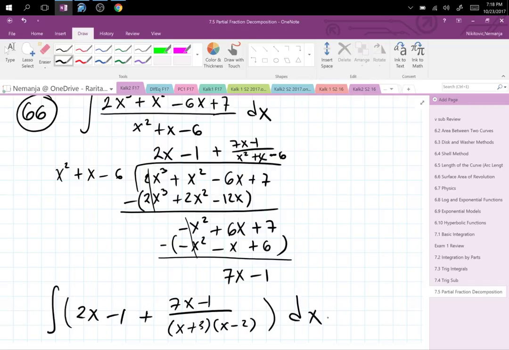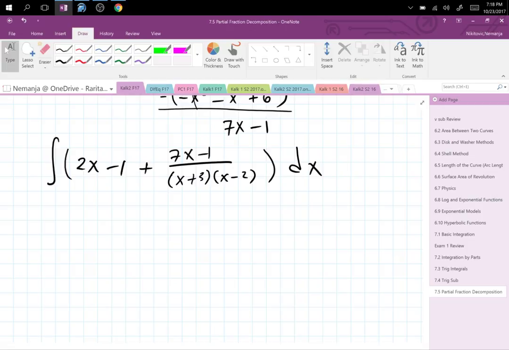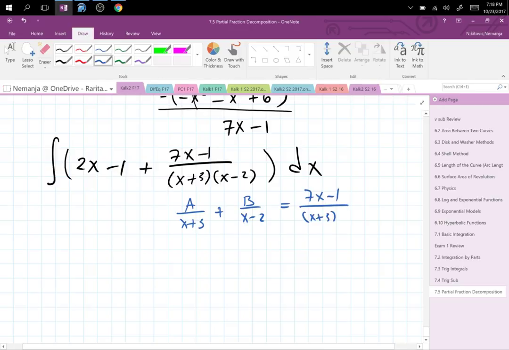That's basic. So partial fraction decomposition, a over x plus 3 plus b over x minus 2 needs to be 7x minus 1 over x plus 3, x minus 2.